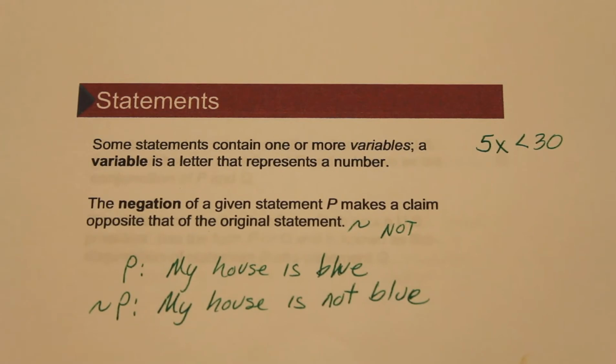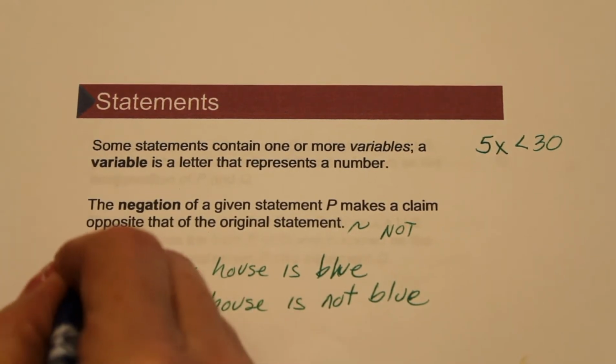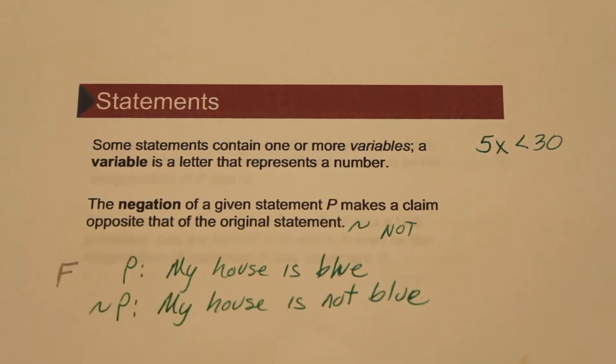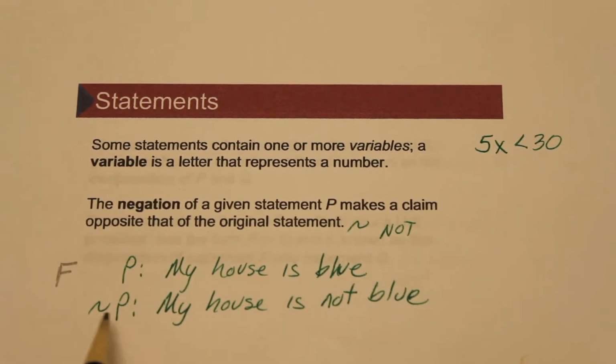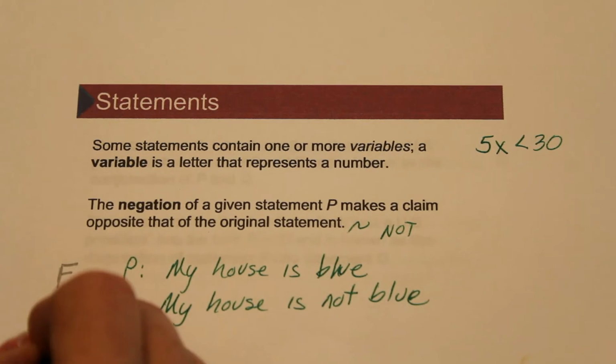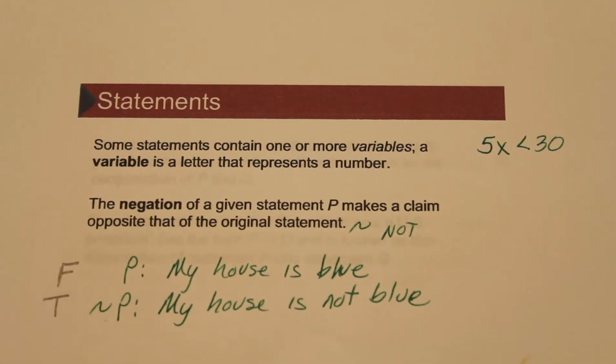I'm not saying what color it is, I'm just saying it's not blue. So let's say my house is actually gray. So my house is blue, that would be false. So the negation of that statement, my house is not blue, you know what? That one would be true.